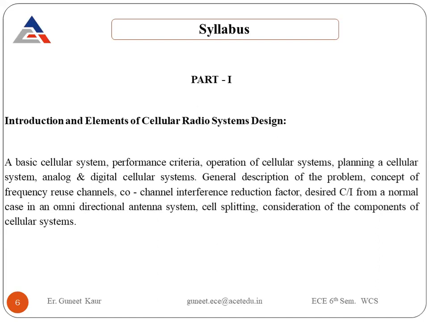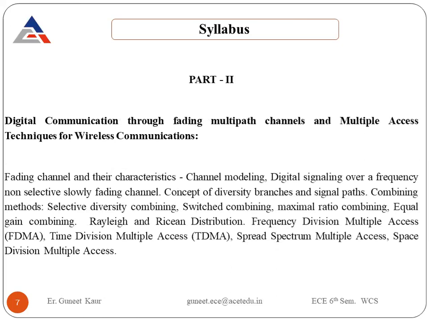Now, in part number 2, we will learn about what is fading. Actually, fading is the weakening of the signal strength, that is known as fading. Various types of fading. Then what is the concept of diversity?